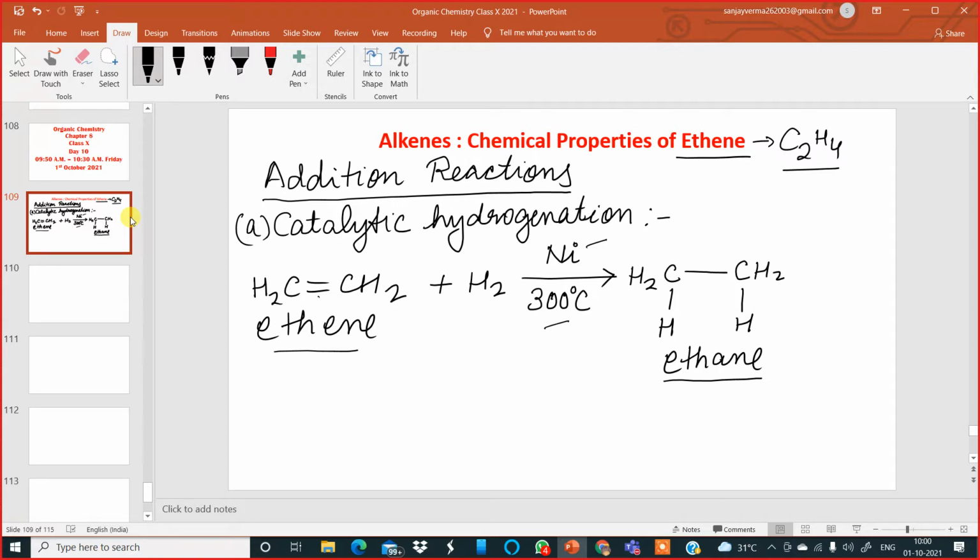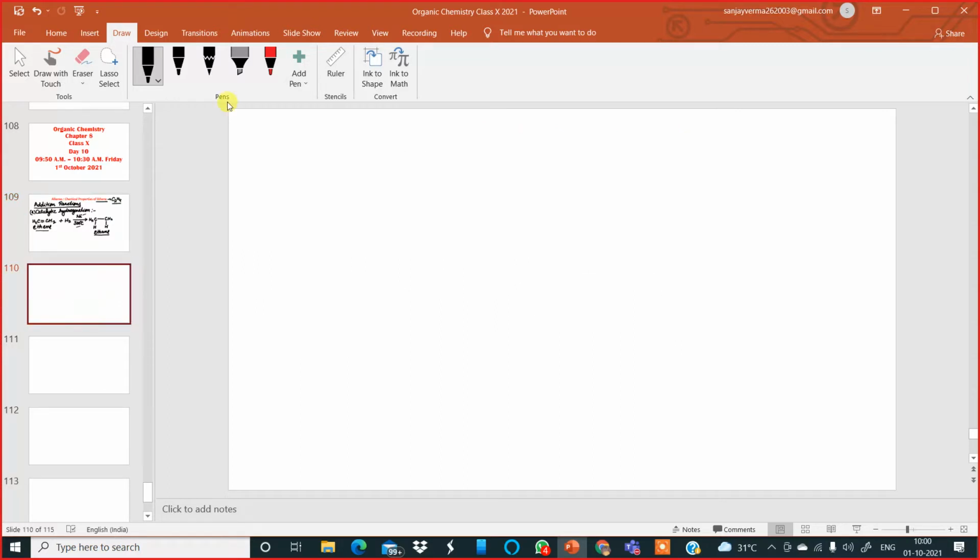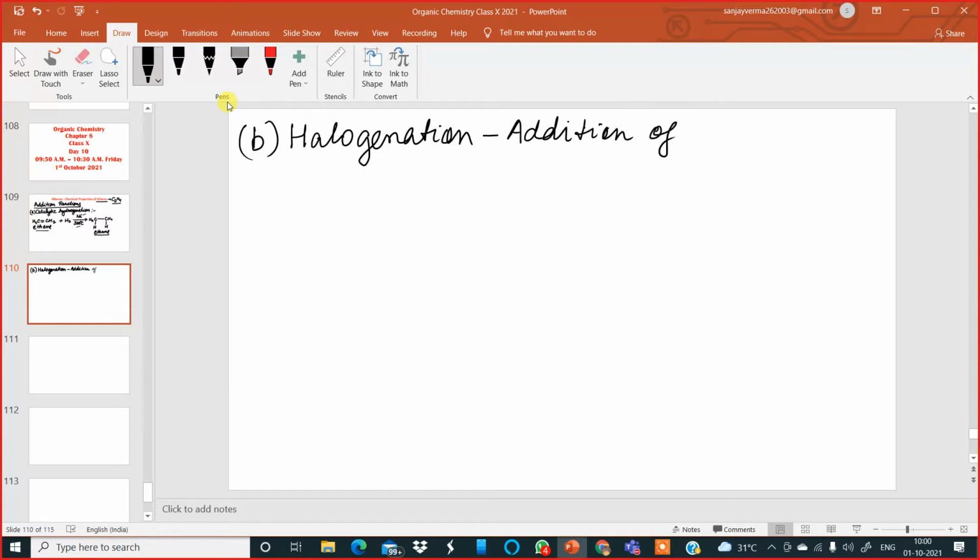Then next one, number B. The next addition reaction is called halogenation. Halogenation means addition of halogens.